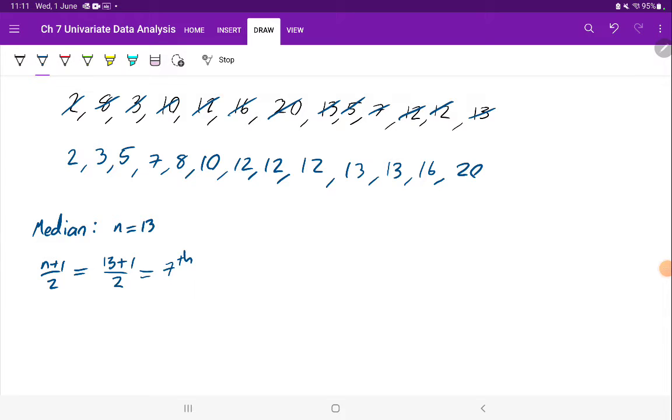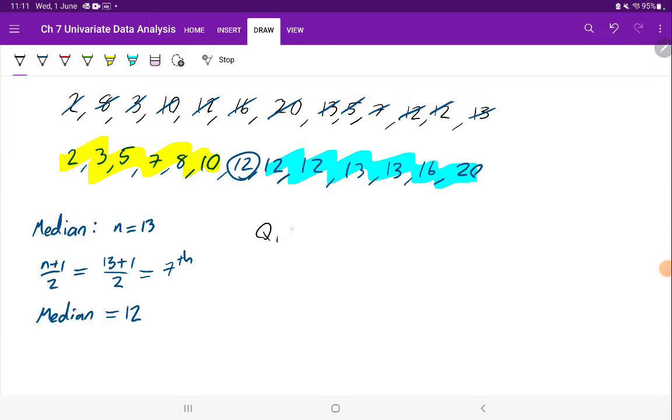So 1, 2, 3, 4, 5, 6, 7. So the median is 12. Now since it is 12, we're going to leave it out from the lower and the upper half. So for Q1, n is equal to now 6, because there was 13 numbers, but we've lost the median now, so there's only 6 numbers left.